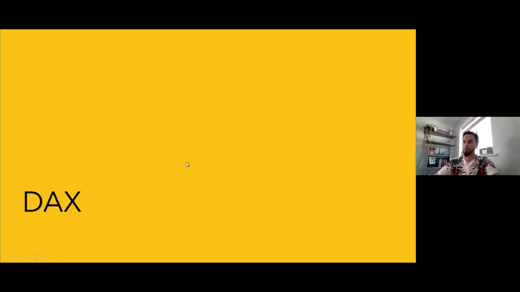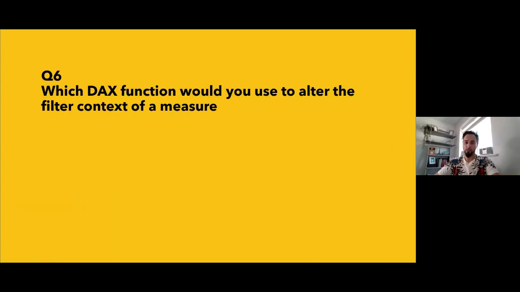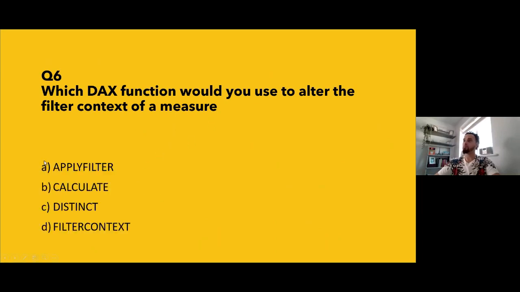On to the DAX questions. Question 6. Which DAX function would you use to alter the filter context of a measure? The answer is CALCULATE. When you use CALCULATE, it overrides the filter context that has previously been applied, so that would alter the filter context of that particular measure.